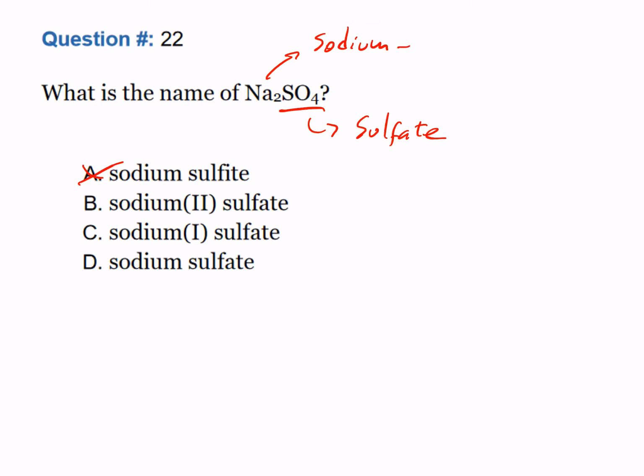However, you have to remember that sodium is constant charge, and the charge is +1. So don't get confused with this one here. You just use that Roman numeral only if it's a variable charge. So sodium is a constant charge, so those two are not possible. So your name is just sodium sulfate.